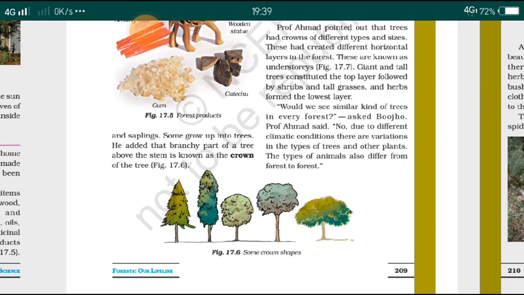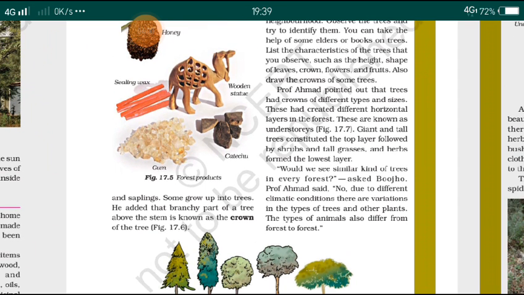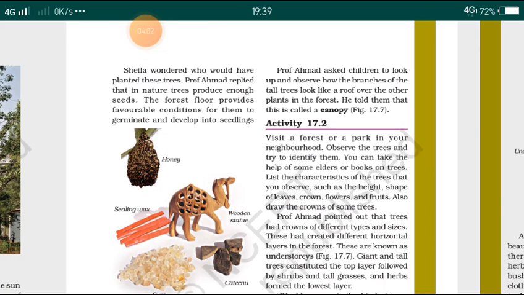Then we discuss how trees grow. The branchy part of a tree above the stem is known as the crown of the tree. Here is the diagram. This is the canopy.